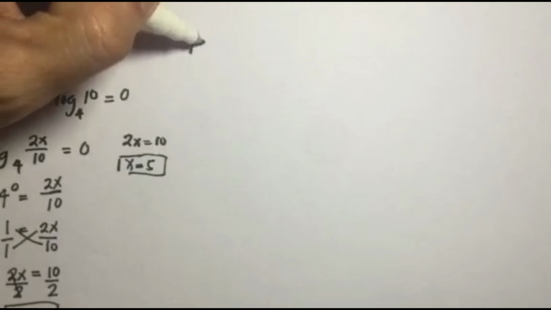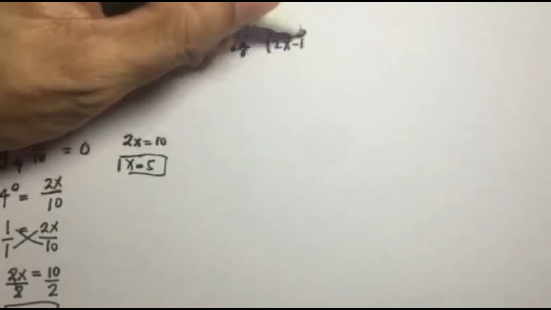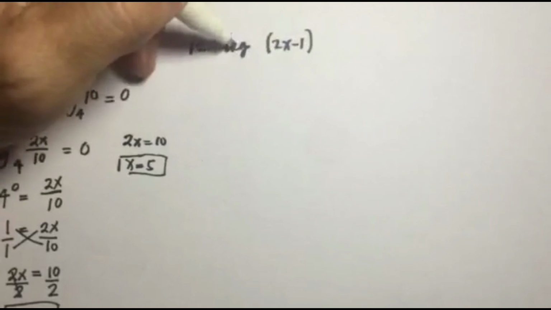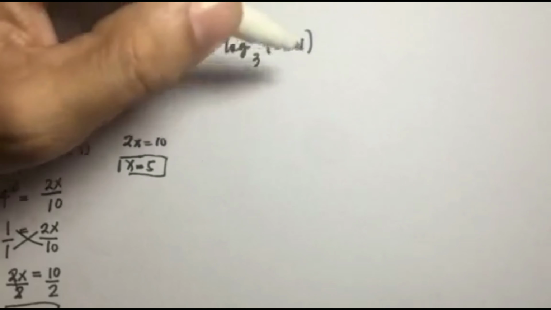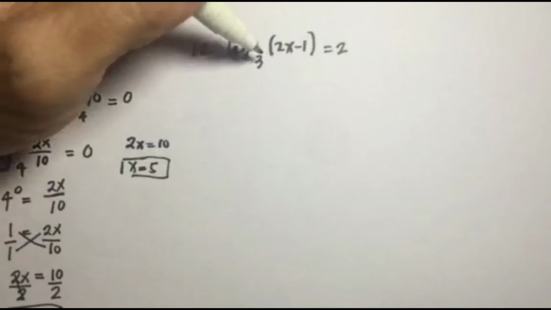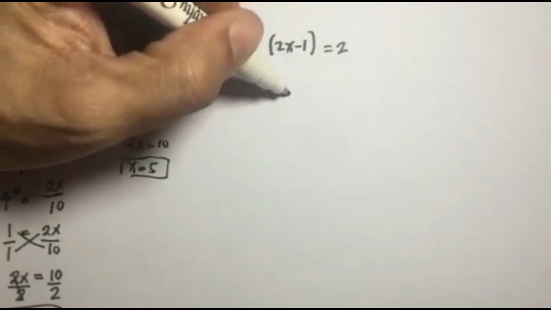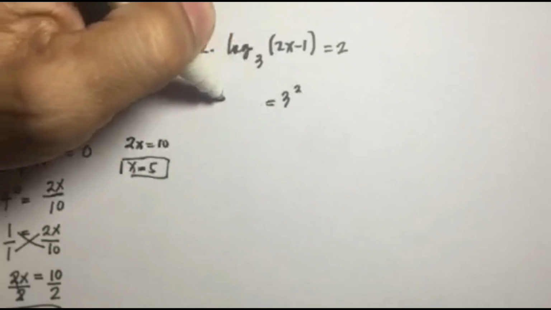Number 12, we have logarithm of 2x minus 1 to the base of 3 equals 2. Okay, so dito, pwede na natin siya agad na i-transform kasi nakaporma na siya, no? So, it will become 3 squared equals 2x minus 1.